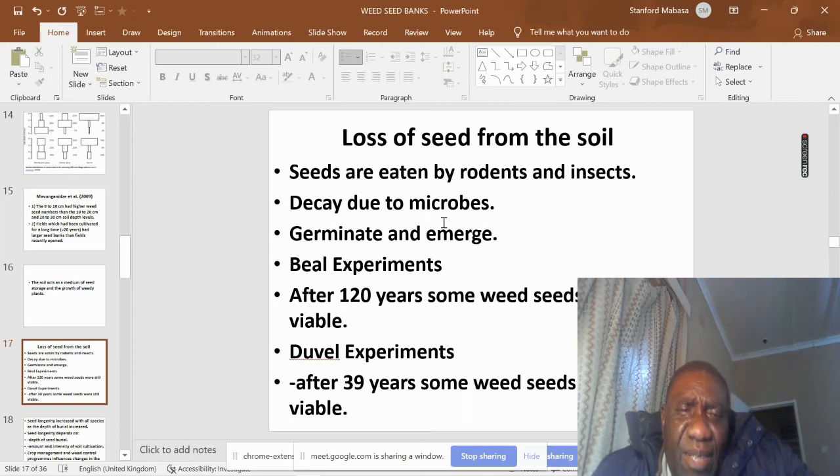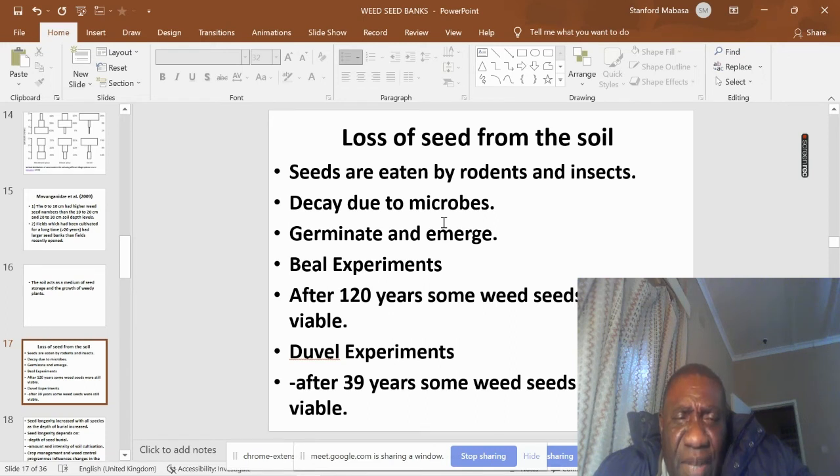These are the withdrawal routes. So loss of seed from the soil. Seeds are eaten by rodents and insects. They may decay due to microbes. They may germinate and emerge. Probably the plant may die.